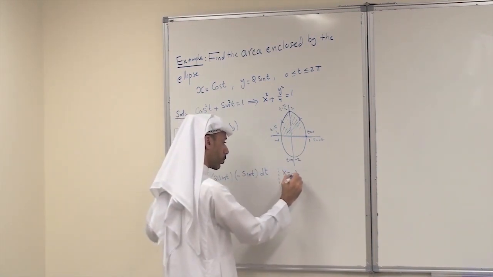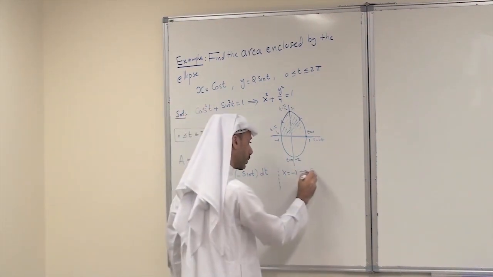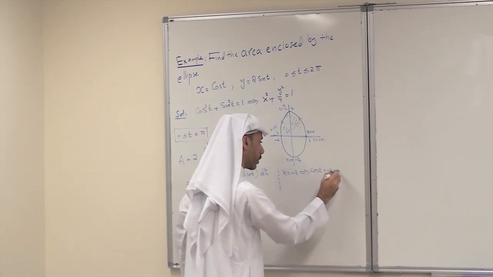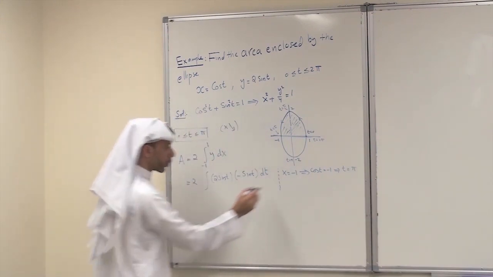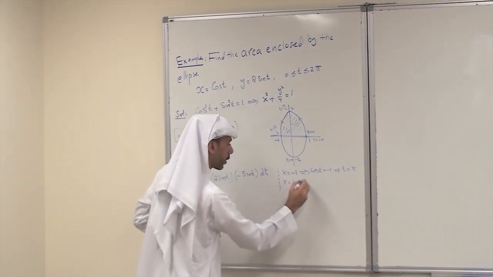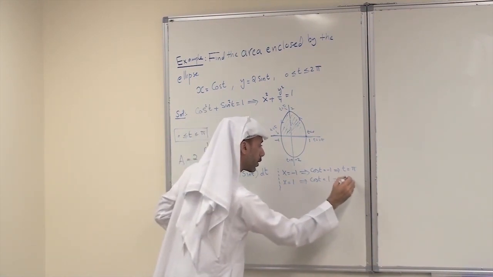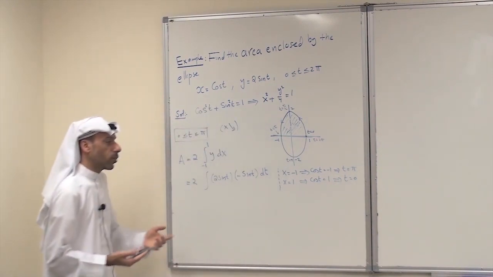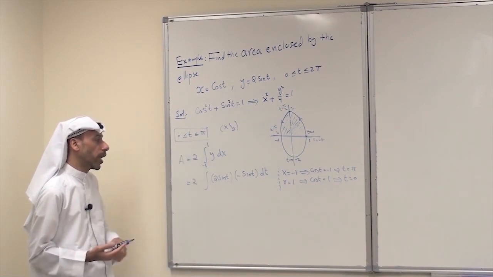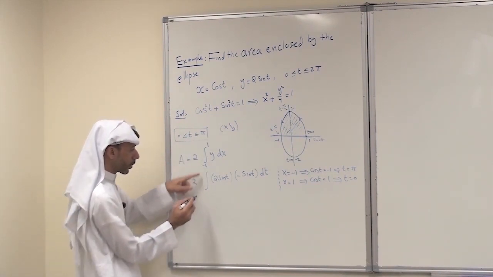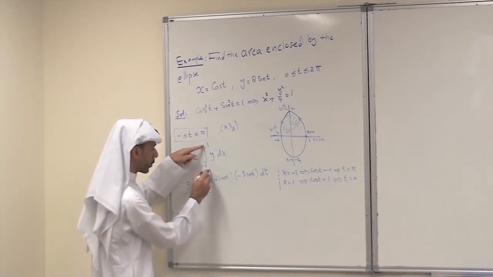Since x is just cosine t, cosine t equals minus 1, and hence t equals pi. When x equals 1, I get cosine t equals 1, and the corresponding t equals 0. We have to find the values of t restricted to the given range from 0 to pi. So the limit minus 1 becomes pi here, and 1 becomes 0.